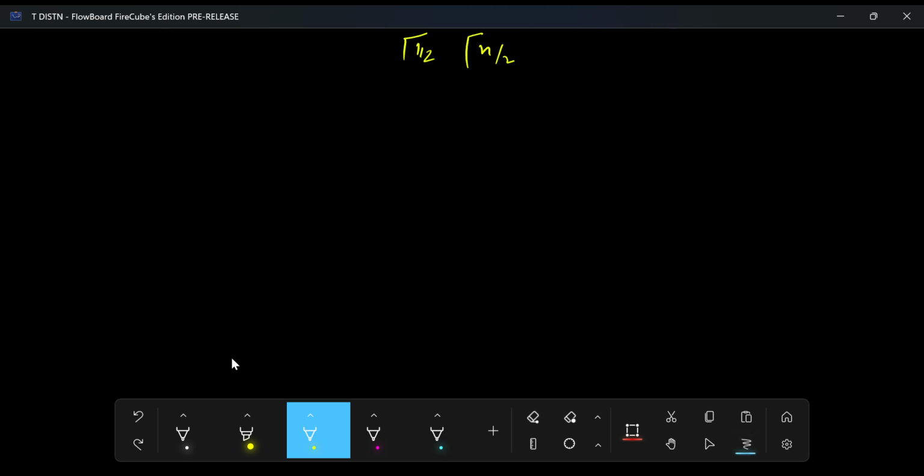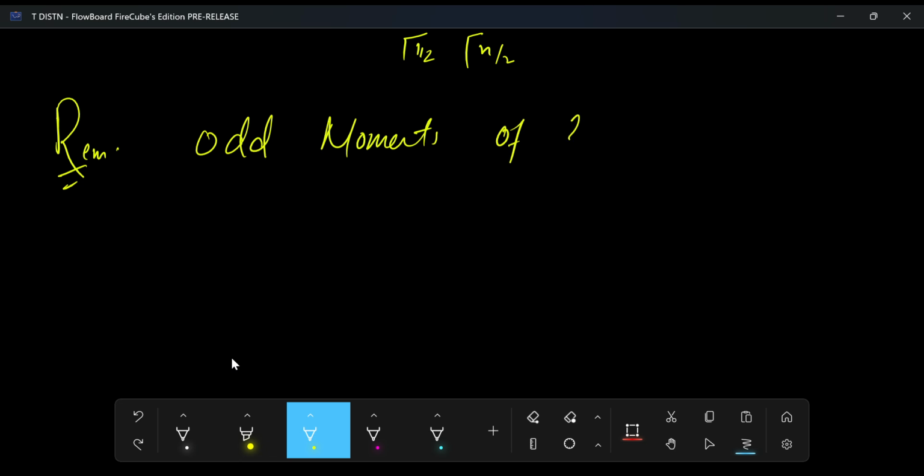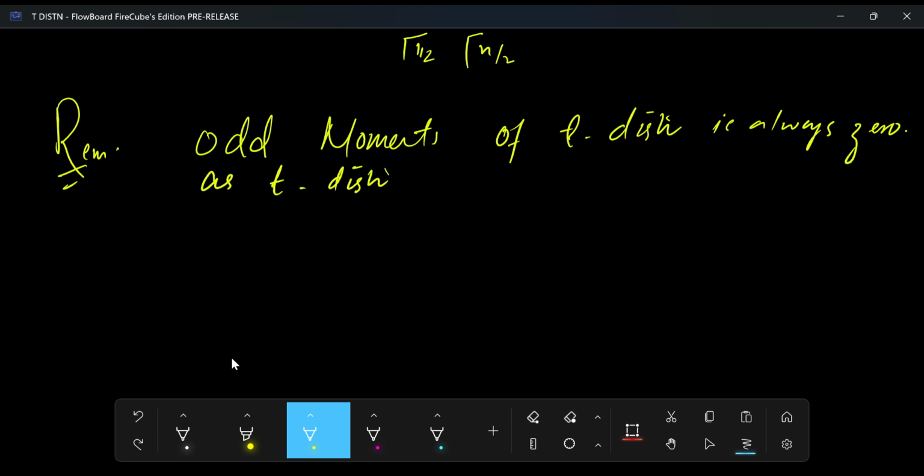Right? So remember, odd moments of T distribution are always 0, as T distribution is symmetric about 0. Clear? And this is point number 1.